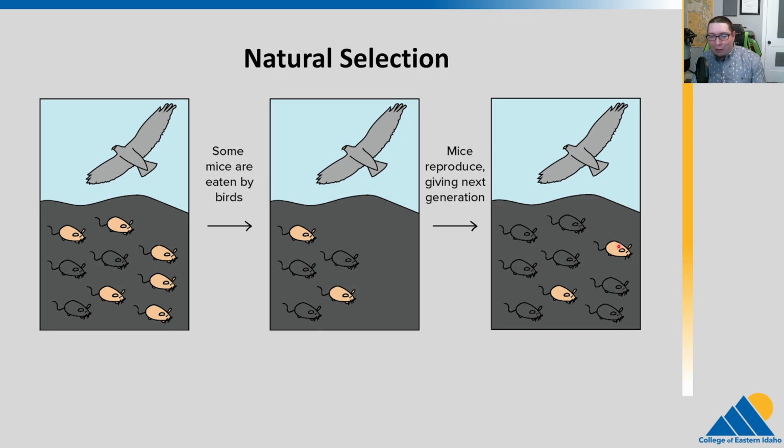The dark-colored moths sat well and were hidden on soot-covered trees when we were burning lots of coal. And as we stopped burning coal, the light-colored moths were selected for because of this. So evolution is contextual. It's always happening, but it doesn't go towards a certain direction. It's just about which organisms survive and reproduce, particularly reproduce the best.